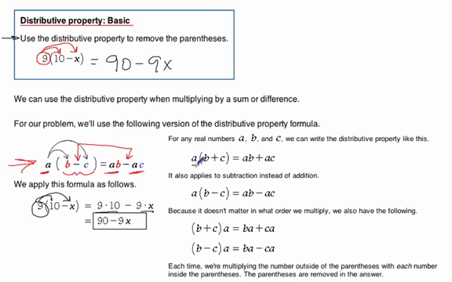We can have a number written in front of a parentheses that's a sum, or we can have a number written in front of the parentheses that's a difference, or we can have the parentheses with the sum or difference written in front of the number. It all works the same. The distributive property works the same. This A gets distributed.